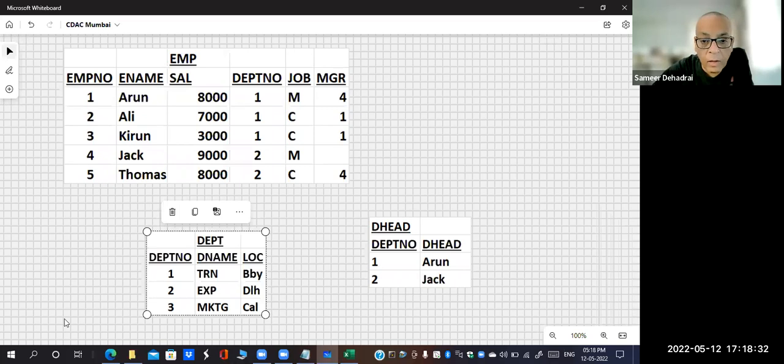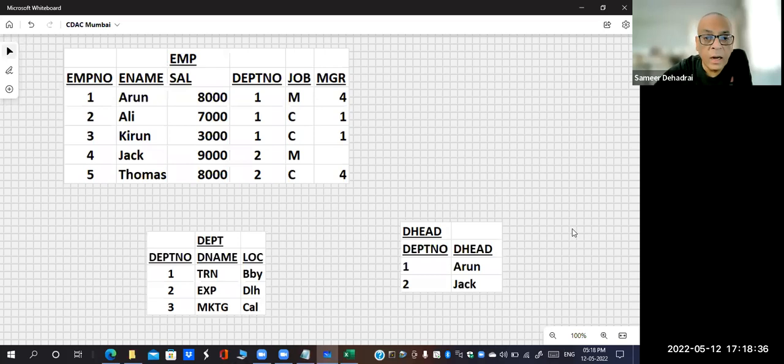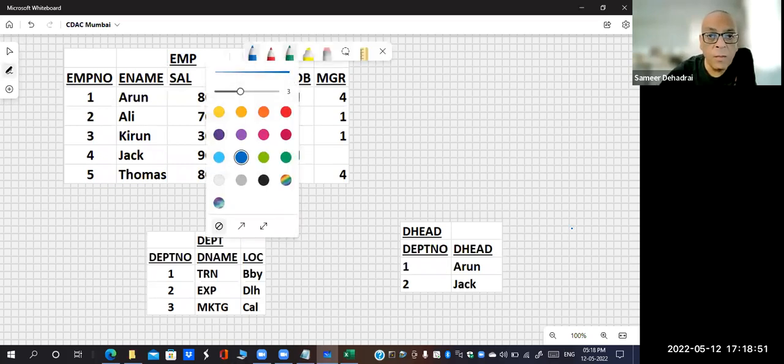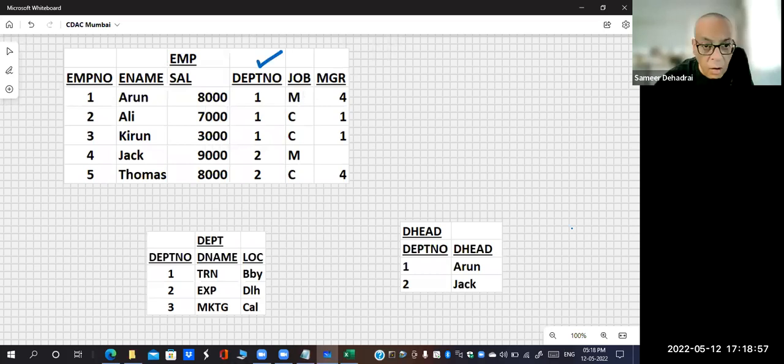Now listen to the explanation. I have 3 tables: EMP table, department table and department head table. If you compare these 3 tables, I want you to observe the department number column is common in all the 3 tables.